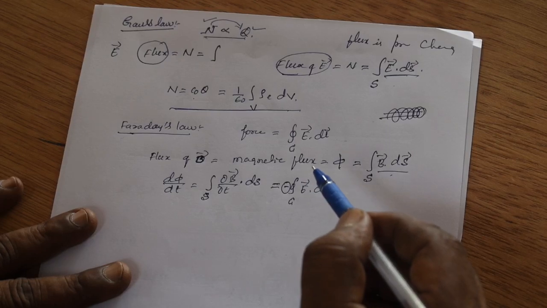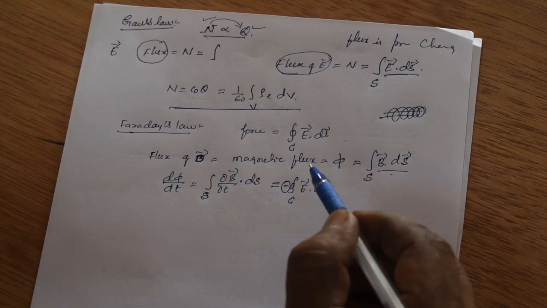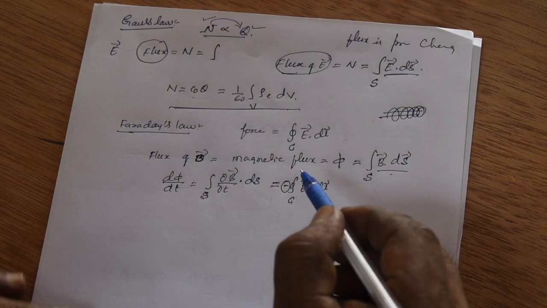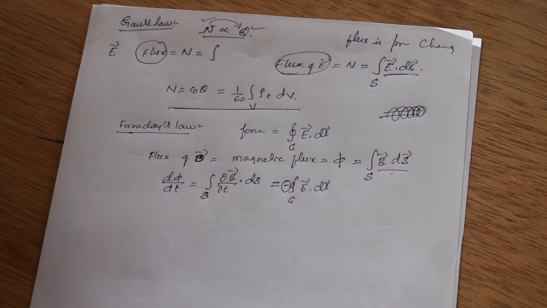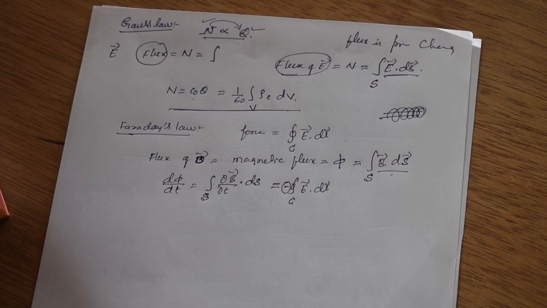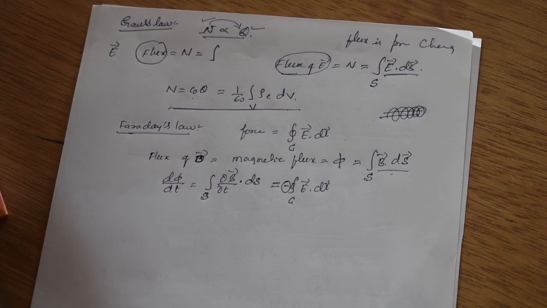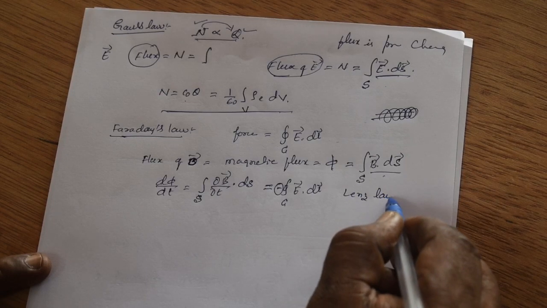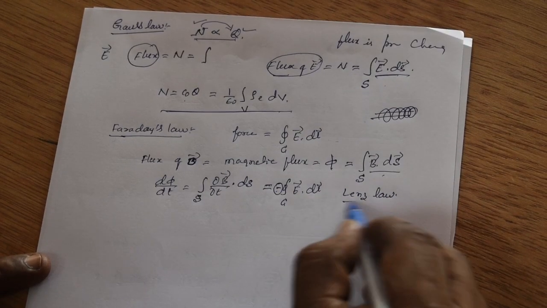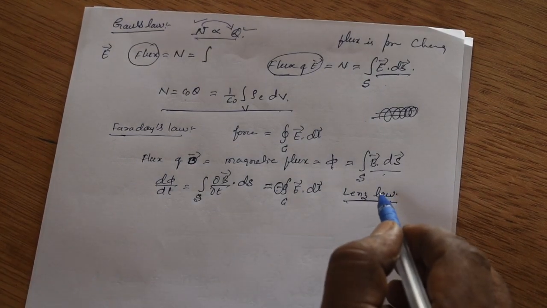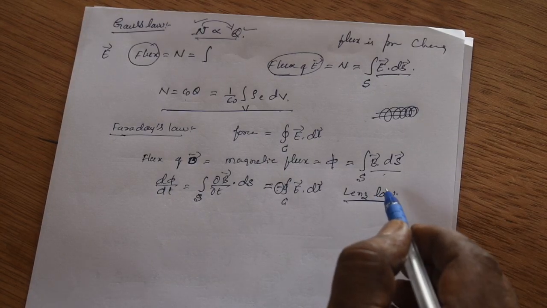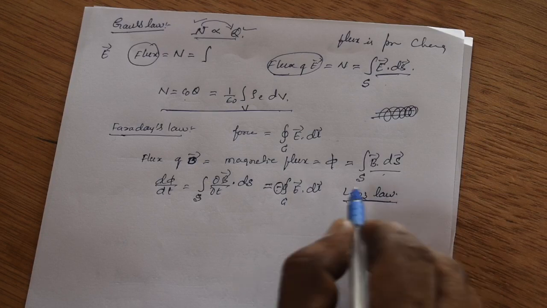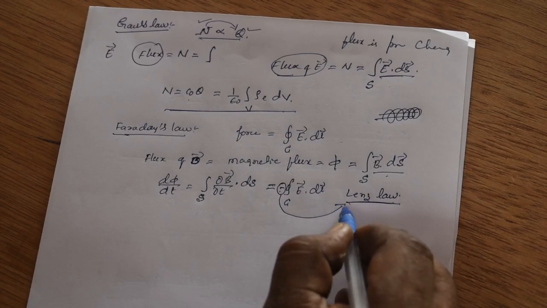What is the reason for the negative sign? The negative sign is due to Lenz's law. I will define what Lenz's law is in the next slides. For now, remember that the negative sign is due to Lenz's law.